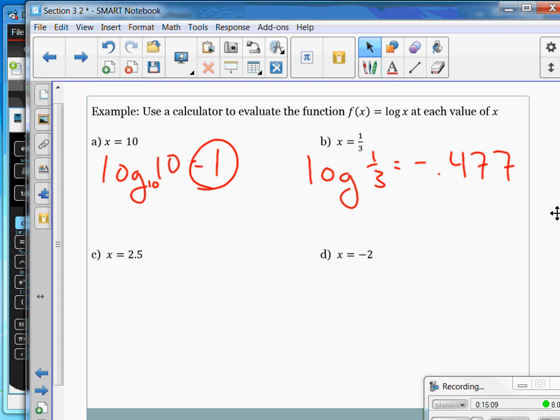Why is it negative? Oh, because it's a fraction. Less than 1. Okay, so because it's less than 1, that's why it's negative? It's greater than 0. It's less than 10. All right, consider it. What does the graph of this look like, folks? What's the graph of our log function look like?